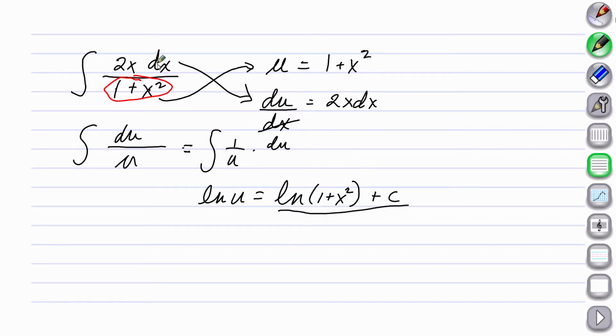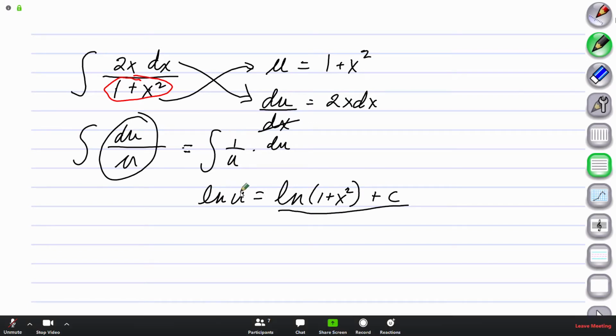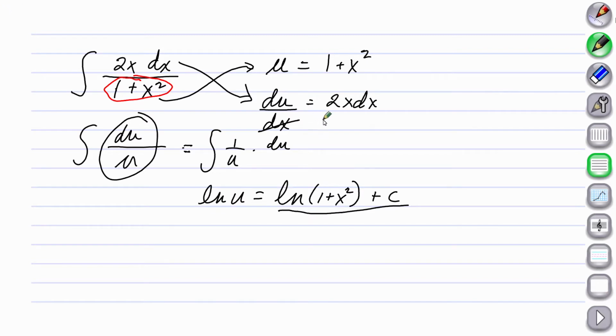So I've taken this from this form and made it into a problem that's easier to solve. I don't have to look at all this confusing stuff. I can just look at a simple problem, 1 over u times du, which is the natural log of u. So I have to be able to know how to differentiate and how to integrate on these two problems, which is kind of confusing, to say the least.